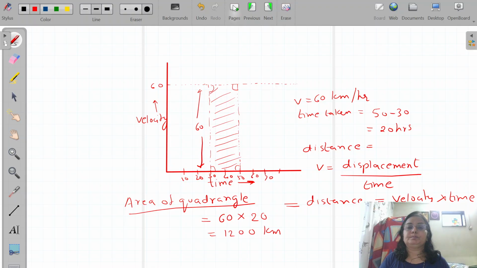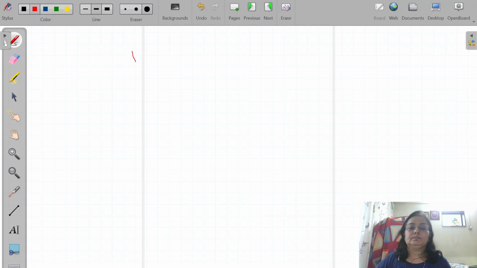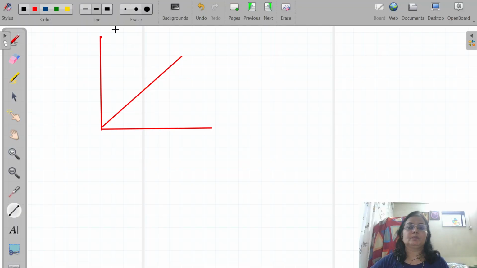Moving on to next section. If this is distance, and this is time, then this is a uniform speed of the object, the slope of this line.